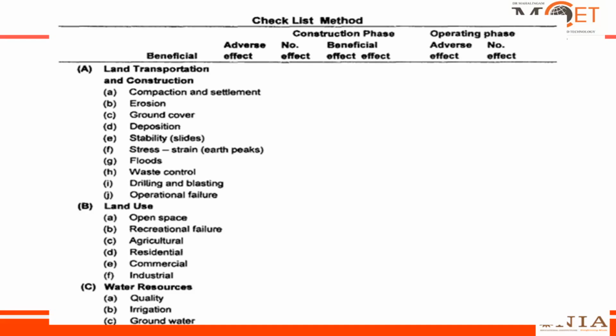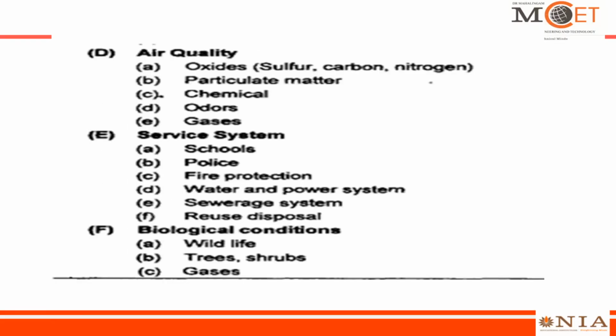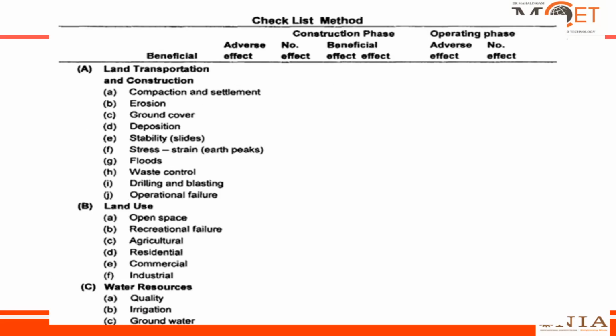Now coming to the land use phase. In case of land use, you have open space, recreational, agriculture, residential, commercial, industrial. For which activity is this land use going to be used? So they again segregated all those things. Water resources: quality, irrigation, groundwater. They segregated water resources into three categories.